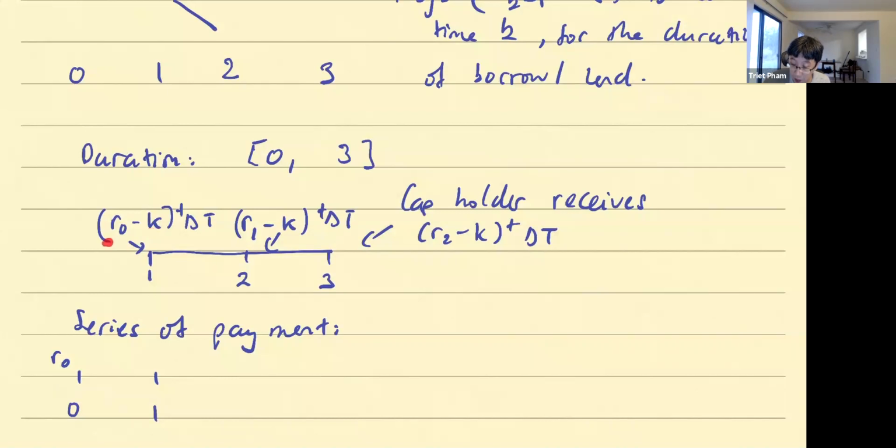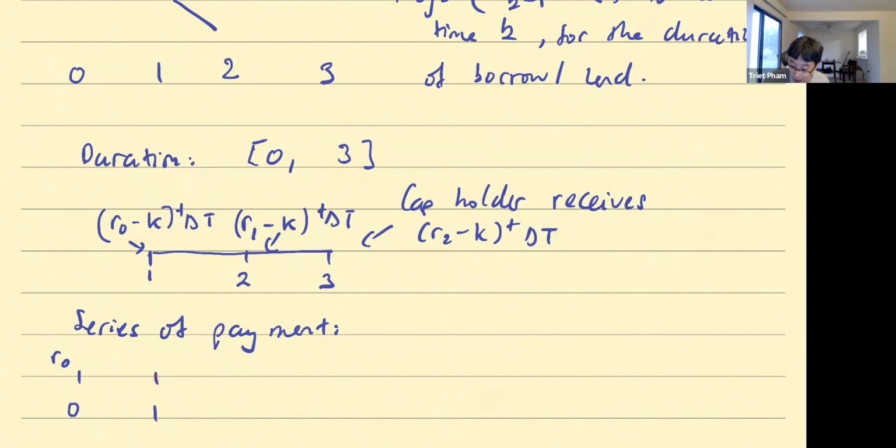Then if R0 is above K, that person has to borrow, whatever, pay more at this time. How much does she pay more? Exactly this amount. By time 1, she receives this much, which compensates for exactly what they have to pay out of pocket. They will have to pay this difference at time 1, but the payment from the cap will exactly make up for that amount.